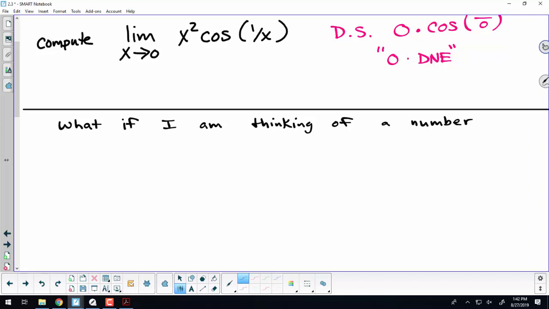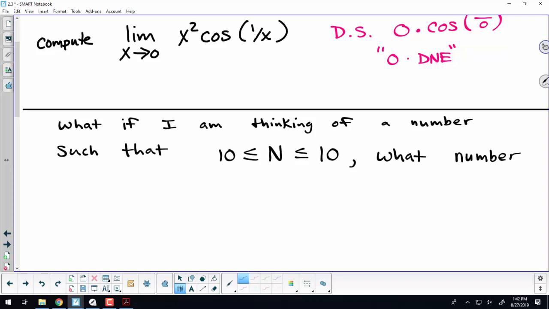But what if I told you that the number I'm thinking of, let's call it n, is smaller than or equal to 10 and larger than or equal to 10? What number am I thinking of? 10. Does everybody agree? This seems pretty straightforward when we put it in a numerical context. But the number has to be 10.